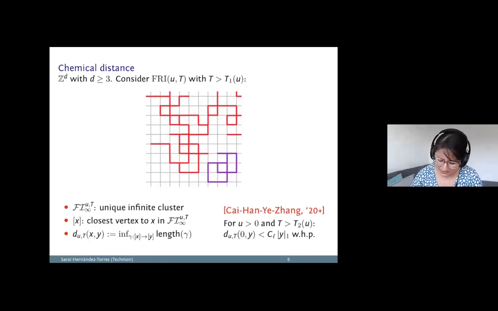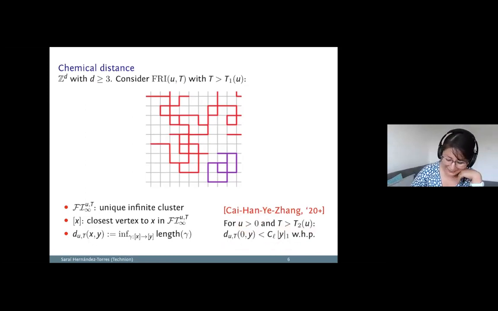And for the finitary random interlacement, it was proved by Kai, Hang, Jie, and Sheng that if you have U larger than some level, then there is a parameter T2, a killing parameter large enough, so that your chemical distance is comparable to the Euclidean distance.